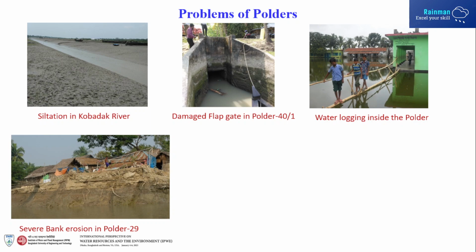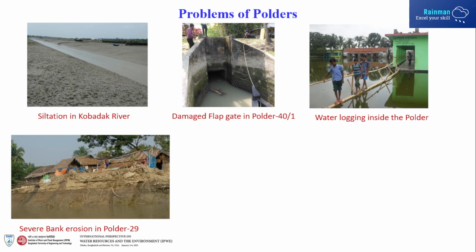Now, the problems of the polders. Polders were actually constructed in the early 1960s by Bangladesh Water Development Board to protect the area from tidal flooding and salinity intrusion, and to boost agriculture activities inside the polder.